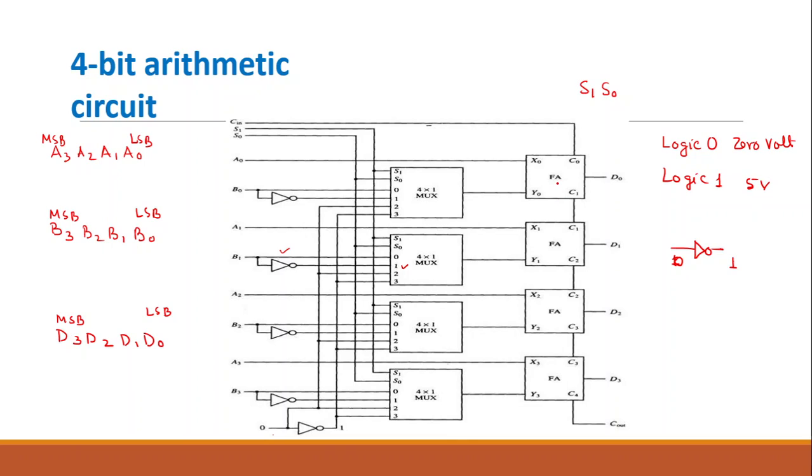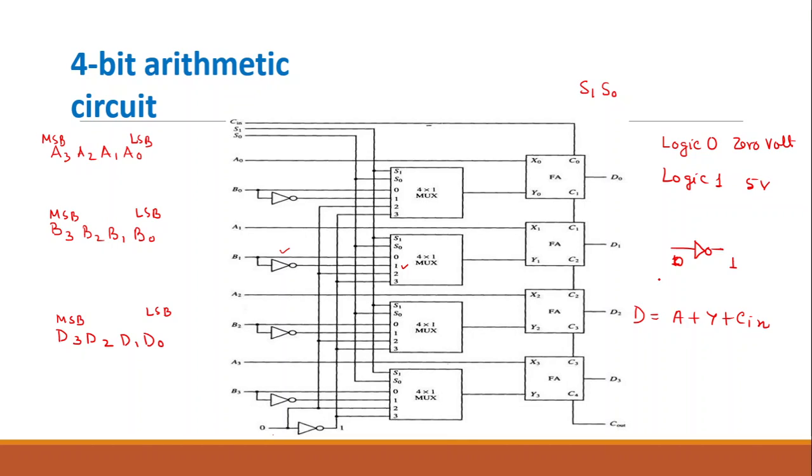The output of the binary adder is calculated with the expression D equal to A plus Y plus Cin, where A is the 4-bit binary number at the X inputs and Y is the 4-bit binary number at the Y inputs of the binary adder.